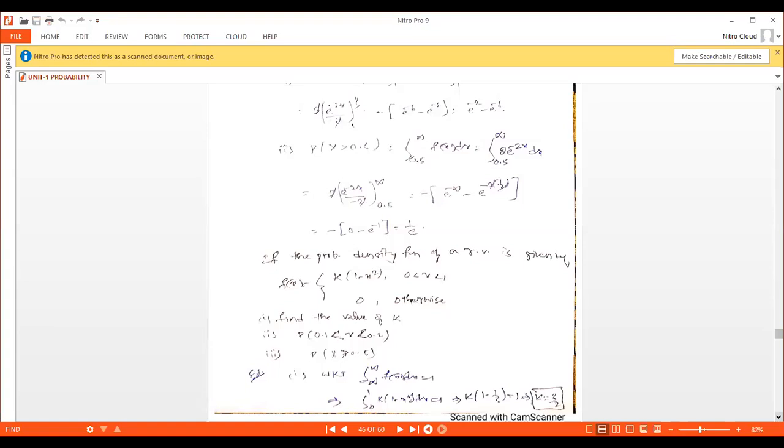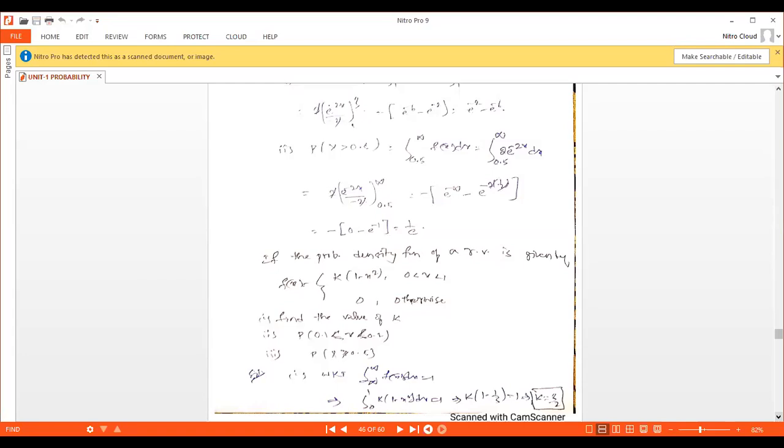Here we know that the total probability is 1, that is from minus infinity to infinity f of x dx equal to 1, but the given function is defined from 0 to 1 only. So we can rewrite the equation as integration 0 to 1 k into 1 minus x square dx equal to 1.